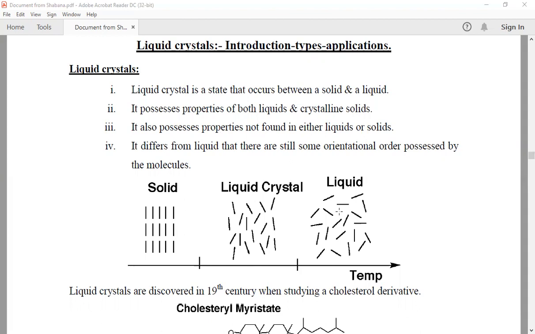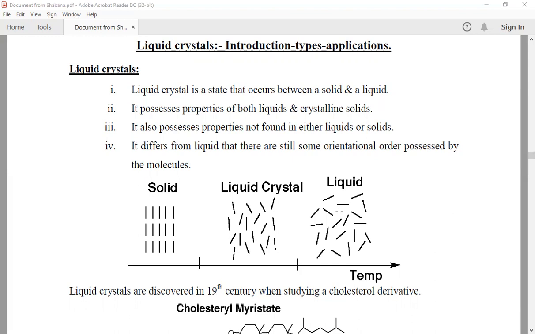And this liquid crystal has many different phases which can be distinguished by their optical properties. It can be found naturally and in technological applications.